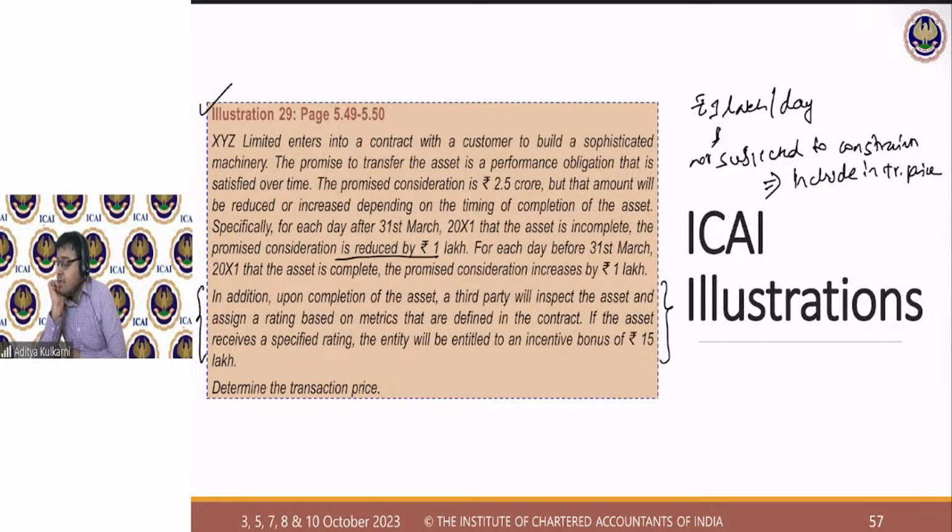If work is completed by 2027, price would be 2,500 crores. Or sometimes the agreement says work would be completed by a third party and any cost incurred by the third party would be reduced from the consideration payable. Okay. So now you are asking, how will this impact my revenue recognition?